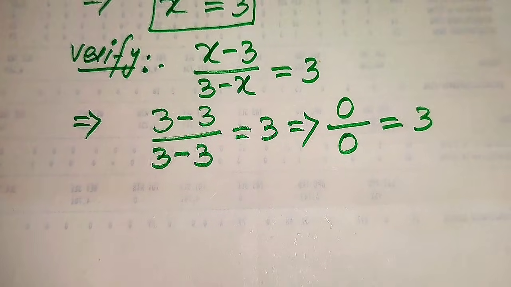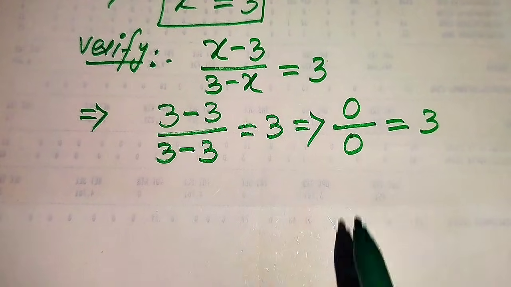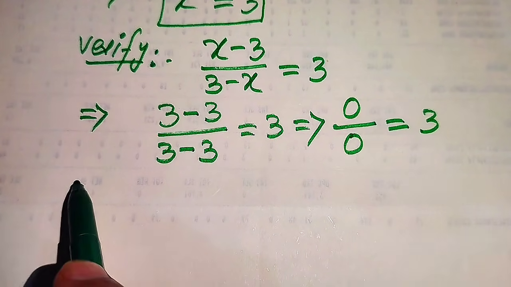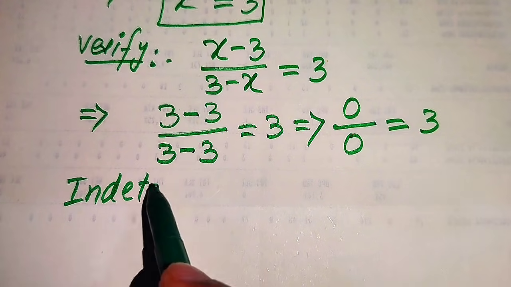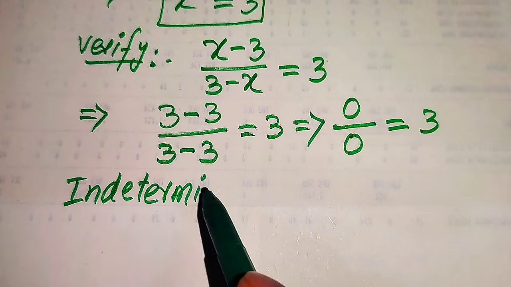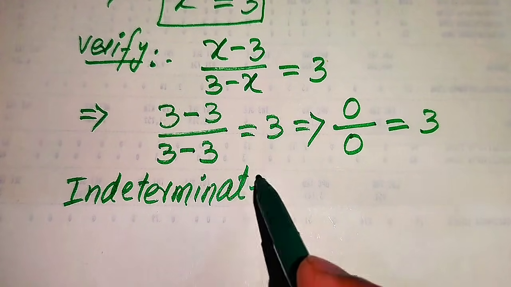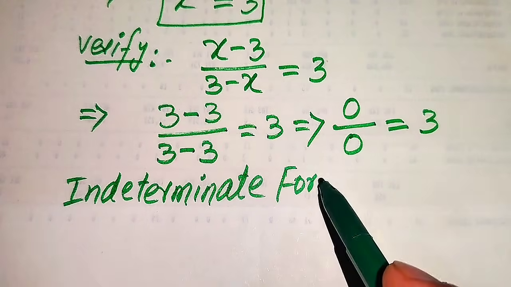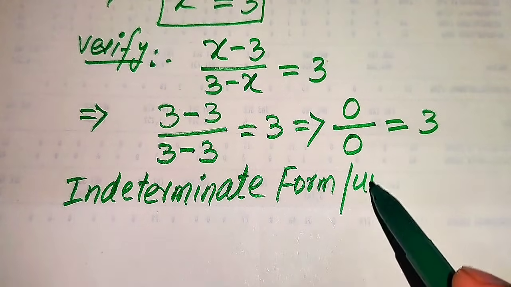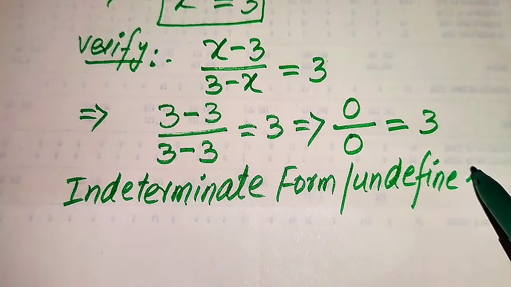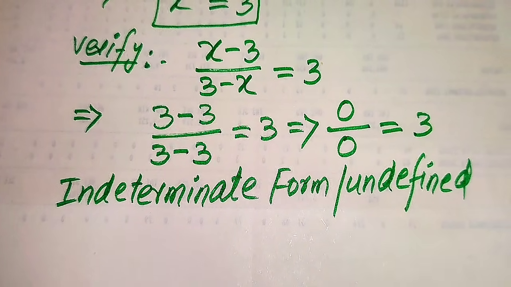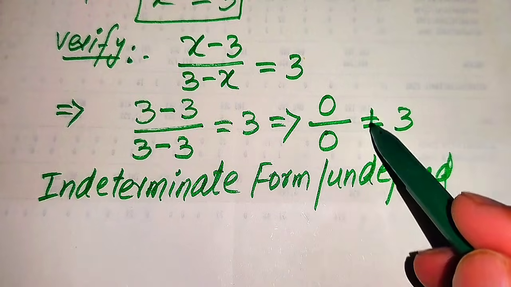So you see that the left hand side is in 0 by 0 form, which is usually called the indeterminate form. If our left hand side is an indeterminate form, or in other words undefined, this means that both sides are not equal.